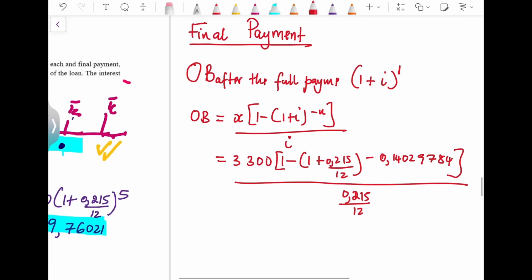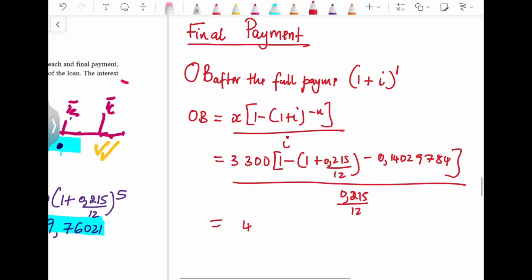And then this is equal to our outstanding balance immediately after the last full payment, which is 458,31.